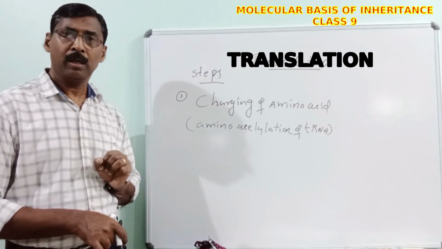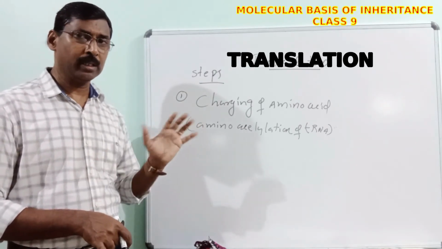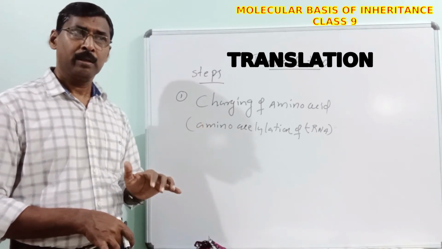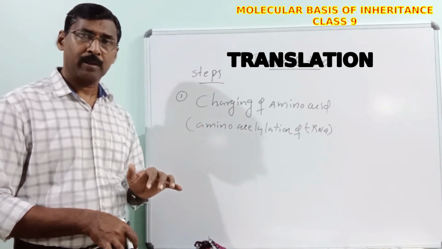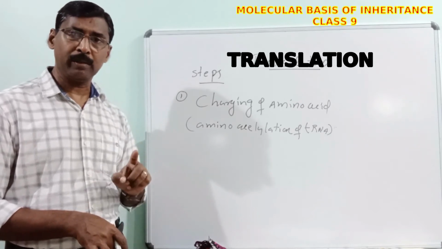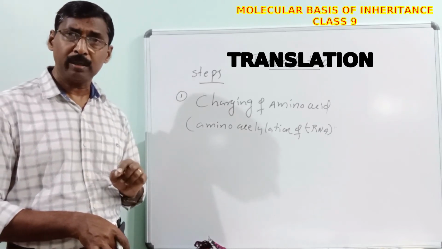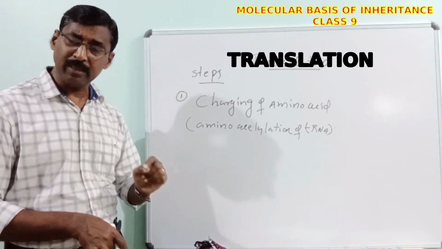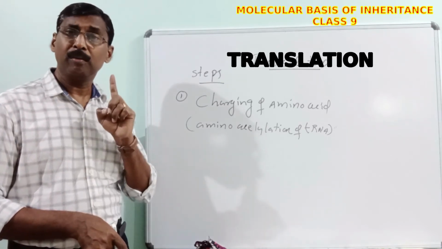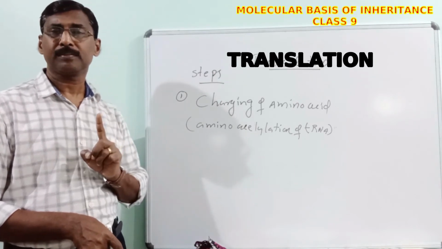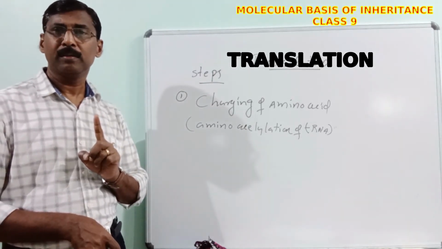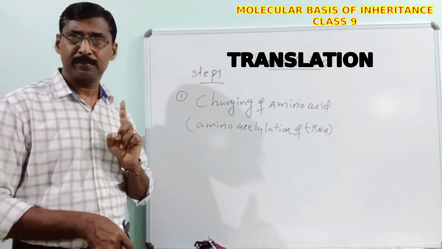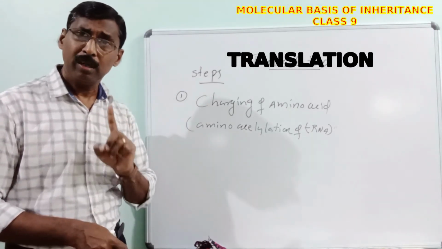So that amino acid can combine with only that transfer RNA. As we have seen in the case of genetic code, one amino acid is coded by different triplet codons. In the same way, for one transfer RNA, there is only one amino acid.